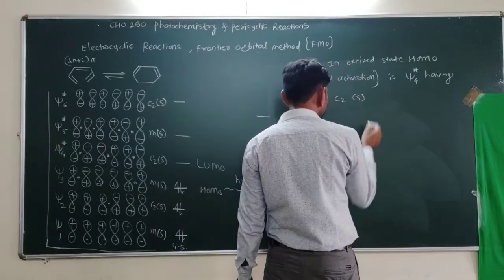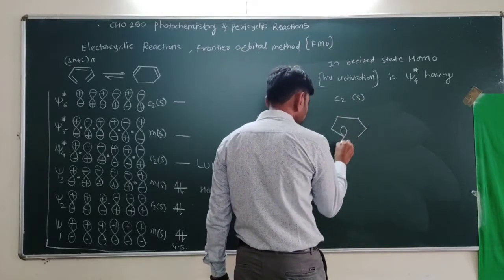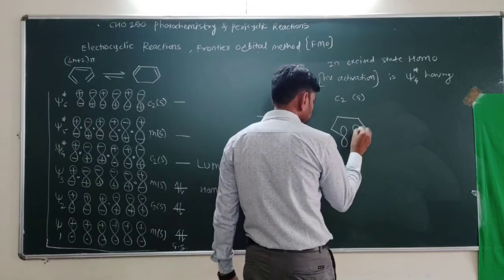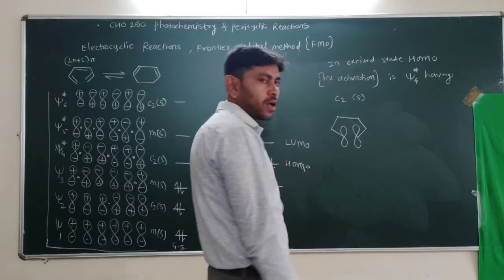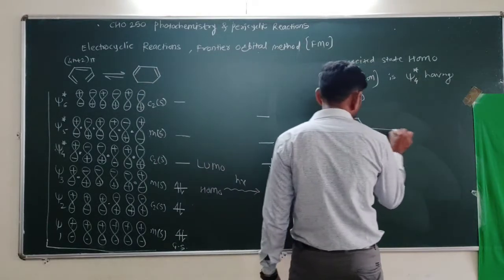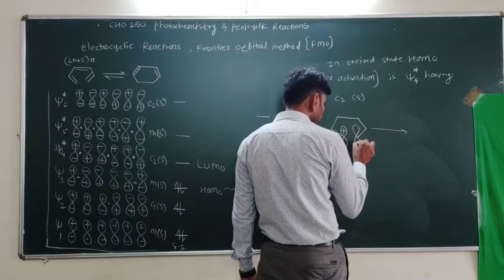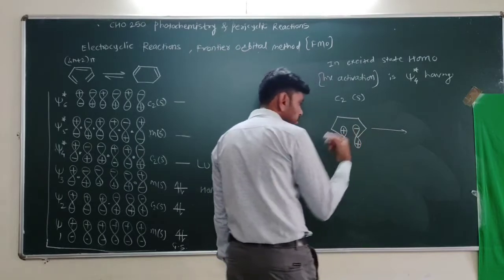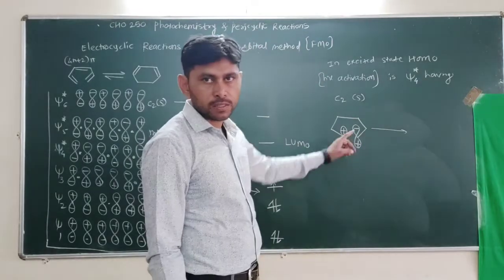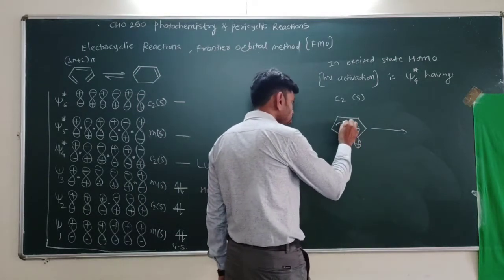So C2 symmetry is shown in this manner. These are the end carbon atoms which take part in the bonding. So this is C2 symmetry, and you know that C2 symmetry is represented in this way. When C2 symmetry is there, we want a bonding orbital.